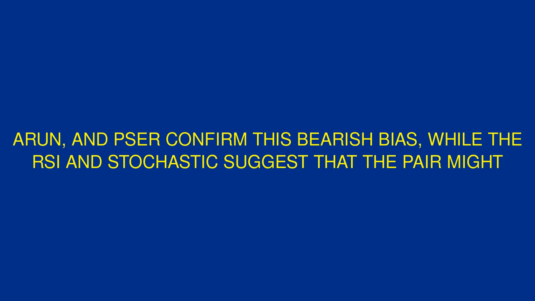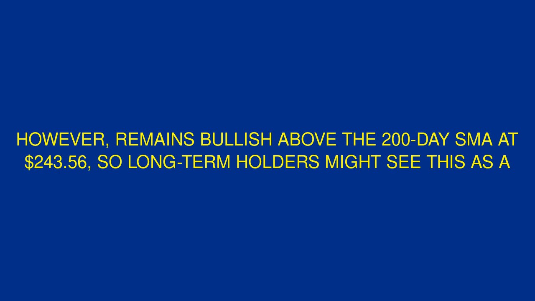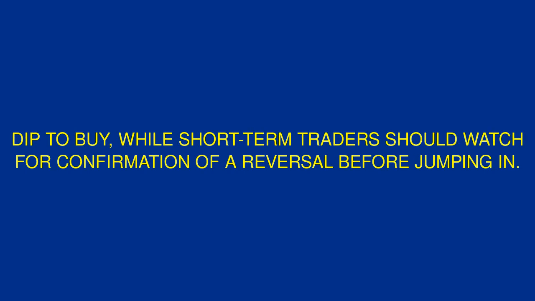Indicators like the MACD, Aroon, and PSAR confirm this bearish bias, while the RSI and stochastic suggest that the pair might be nearing oversold conditions, potentially setting up for a bounce. The broader trend, however, remains bullish above the 200-day SMA at $243.56, so long-term holders might see this as a dip to buy, while short-term traders should watch for confirmation of a reversal before jumping in.